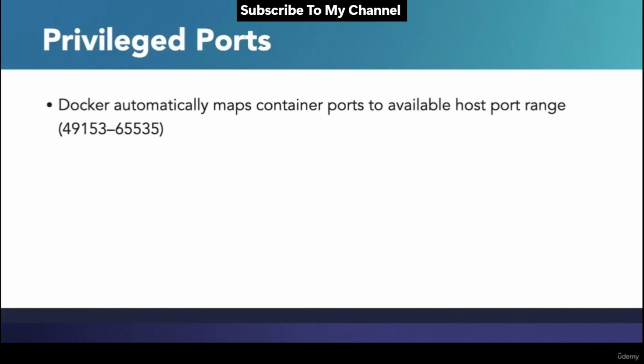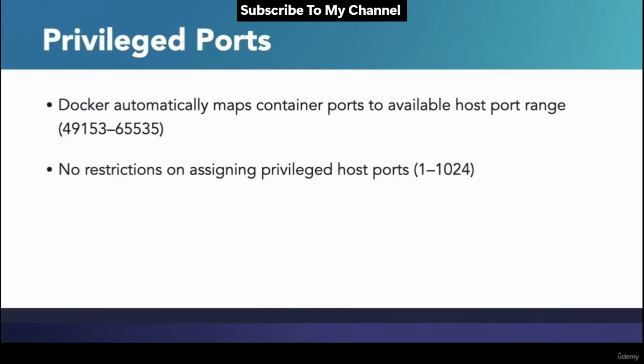So what happens if you don't specify the port mapping? Well, Docker will automatically map the container port to any available host port in the range of 49153 to 65535. But what if the user does not specify a port between 1 and 1024? Docker does not restrict that.